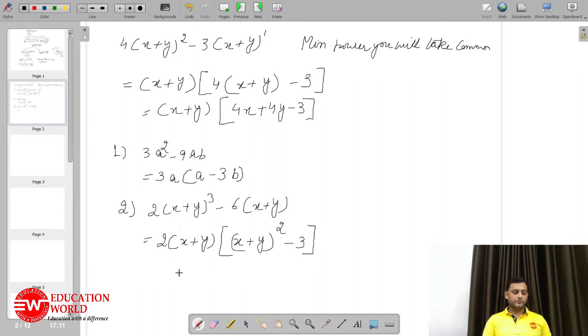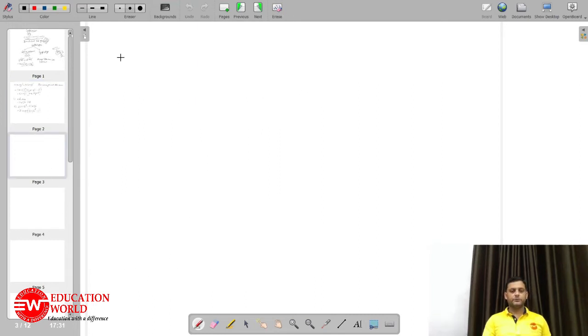So one more question I will take so that your confusion will go. Third question I am going to take. It is x cube times 2x minus 3y, minus x square times 2x minus 3y square.